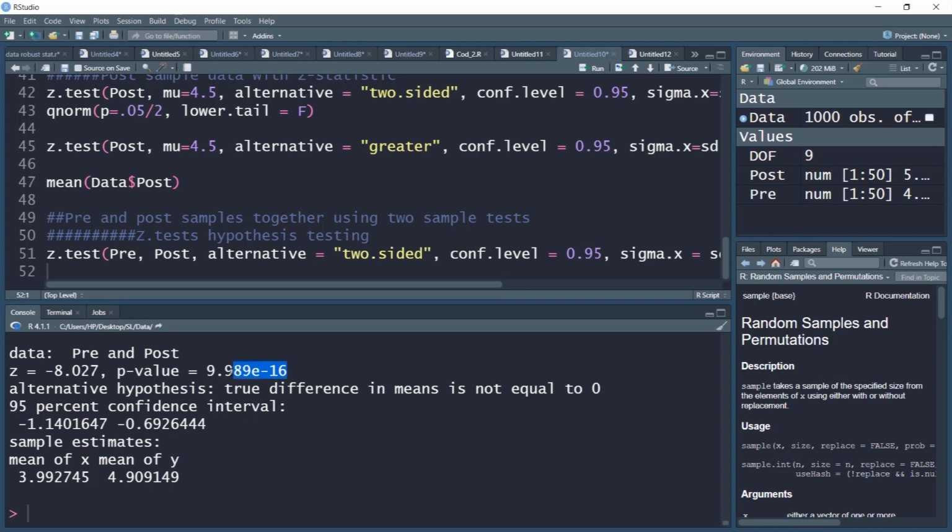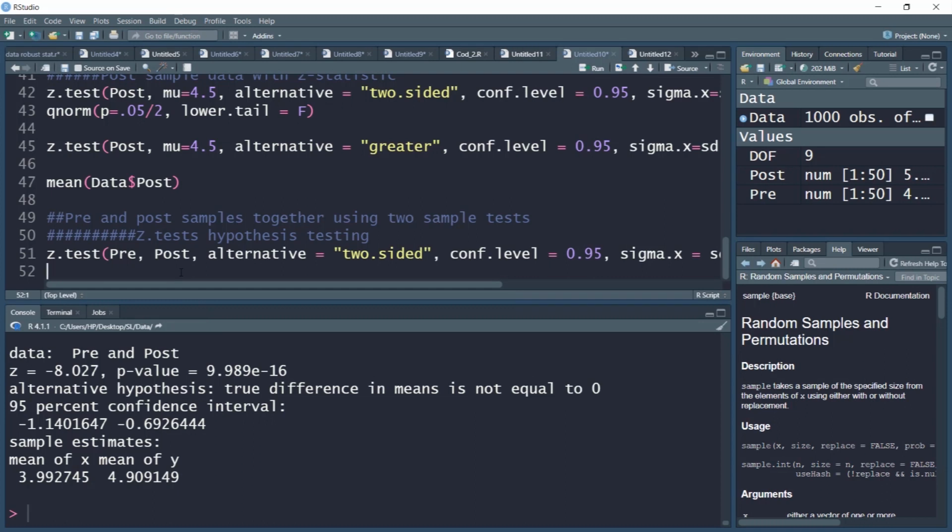And given the significance level of this p-value, it clearly indicates that the difference in their means is not zero, and obviously the post mean is higher as compared to pre. So this is an early indication that we can reject the null that their means are equal, and early results suggest that post is higher than pre.